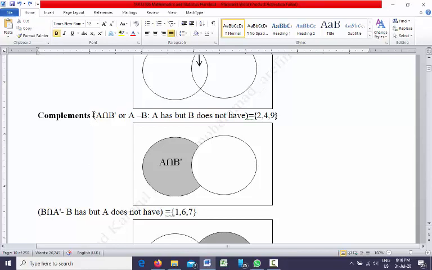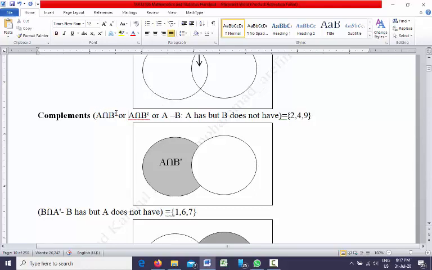So complements means A intersection B prime. For example, if you want to find out A intersection B prime, some people may write it like A intersection B prime.